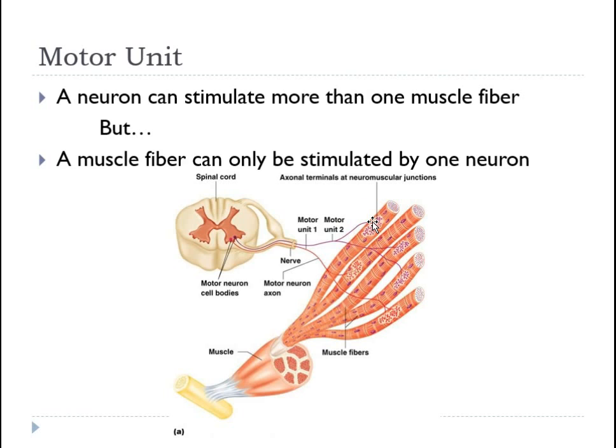So with something like your eyelid or your fingertips, you're going to have a lot more fine feel, so you're going to have fewer fibers per motor unit to work with. But with your biceps and triceps and quads, you're going to have a lot more in each motor unit, basically helping you push or run or do whatever you need.